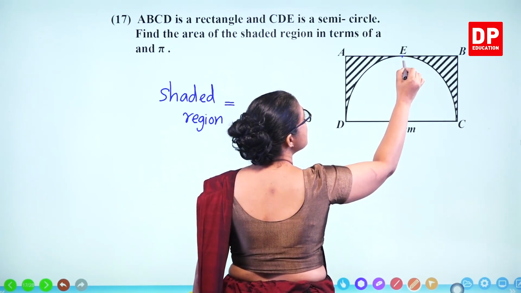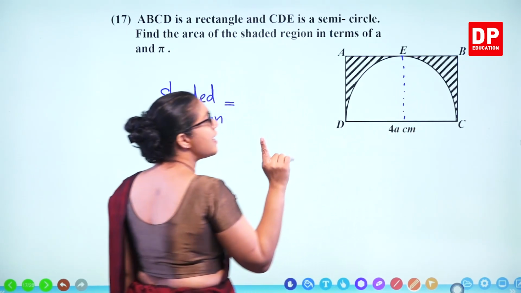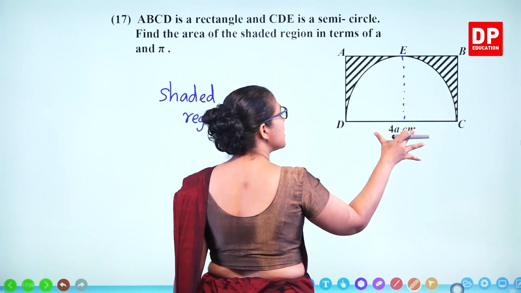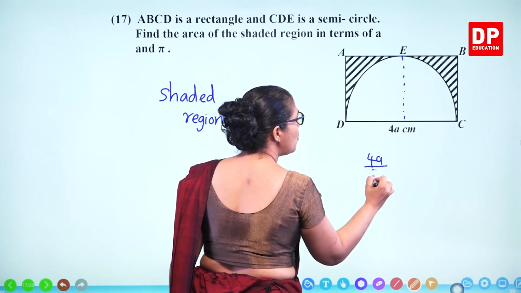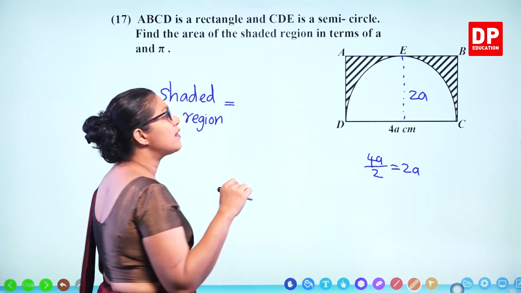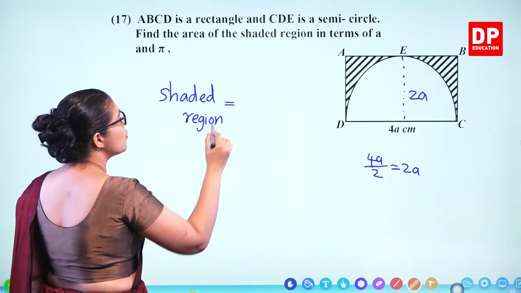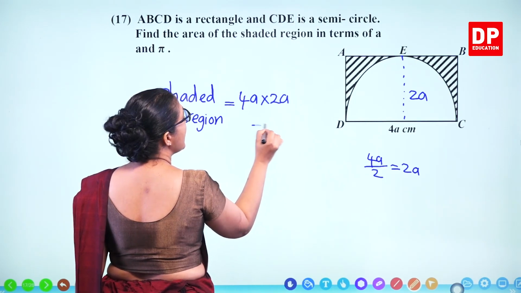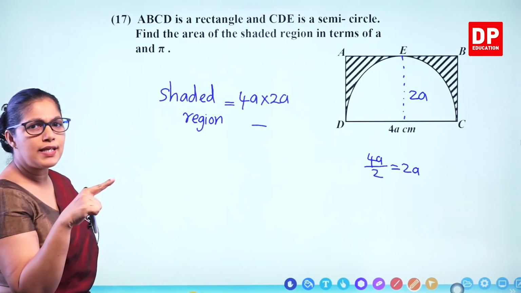Can you see, this becomes the radius of the circle. 4a is the diameter. 4a divided by 2, so that's 2a. So 2a is the width of the rectangle. So 4a times 2a, minus the area of the semicircle.